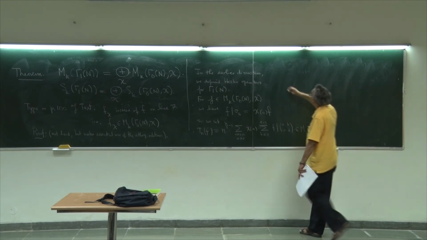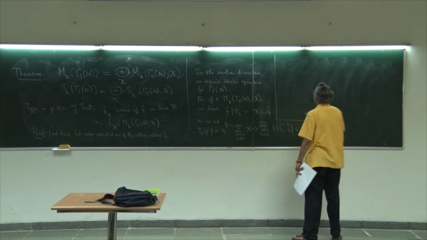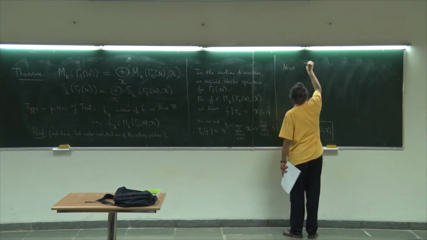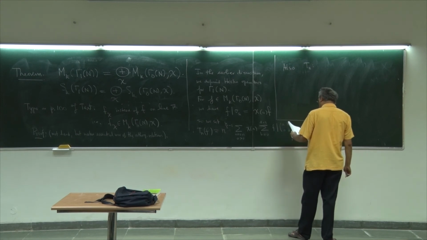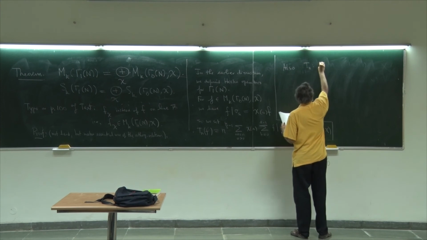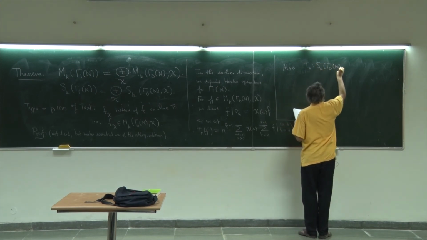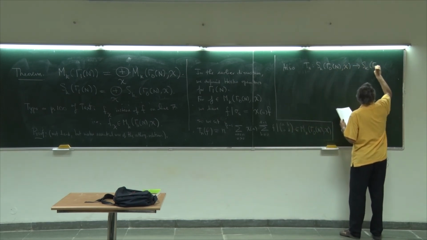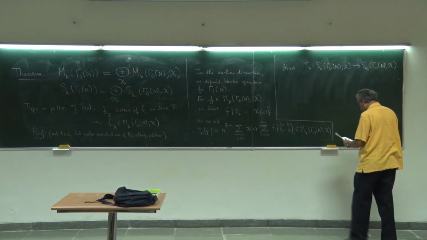Point number two is a discussion about cusp forms. Also, T_n maps S_k to S_k.